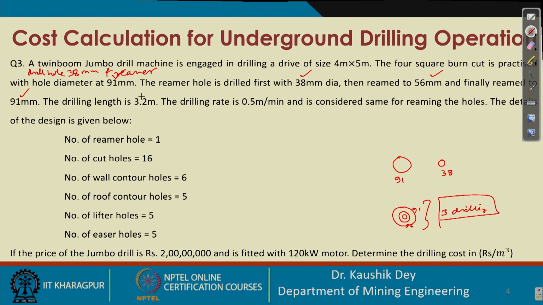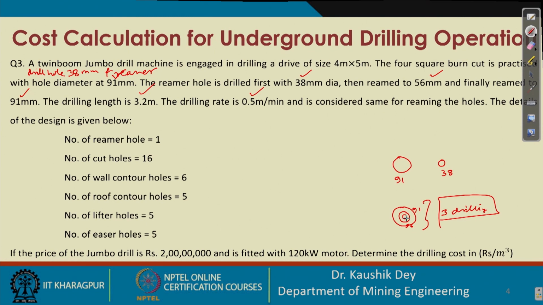Drilling length is given as 3.2 meter, the drilling rate is given as 0.5 meter per minute, and the reaming is also considered at the same rate. That means 38 to 56, the reaming rate is 0.5 meter per minute, and 56 to 91 reaming rate is also 0.5 meter per minute.